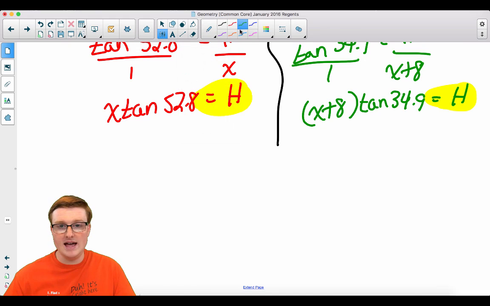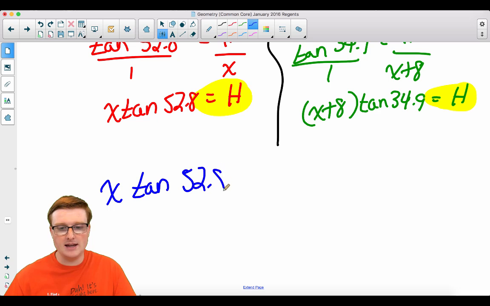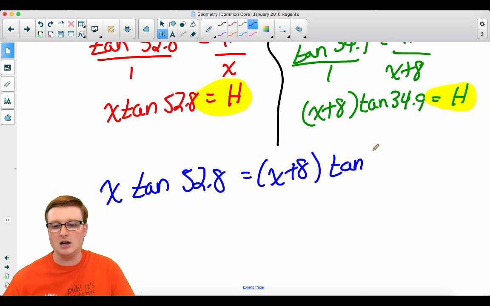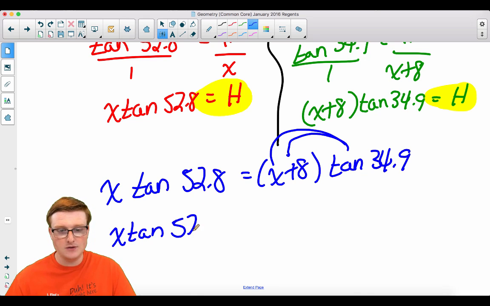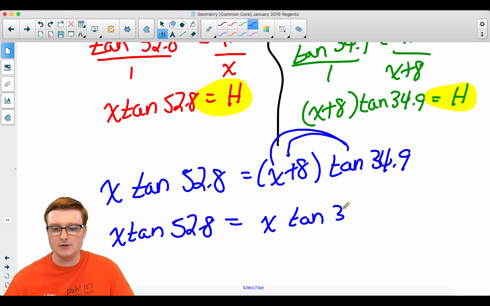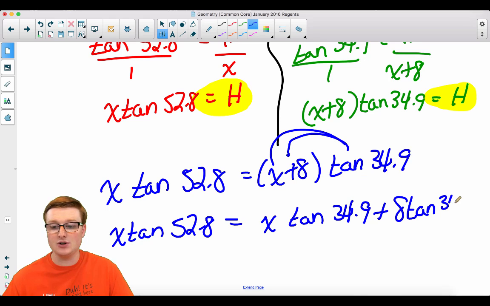So we have x tangent of 52.8 is equal to x plus 8 times the tangent of 34.9. We now need to distribute tan of 34.9 to the x and the 8. So now we get x tangent of 52.8 is equal to x tangent of 34.9 plus 8 tangent of 34.9.